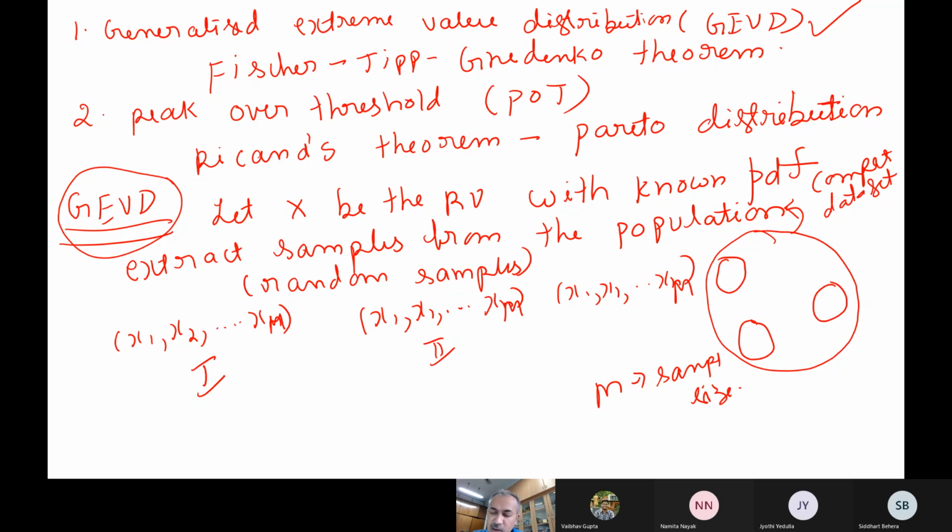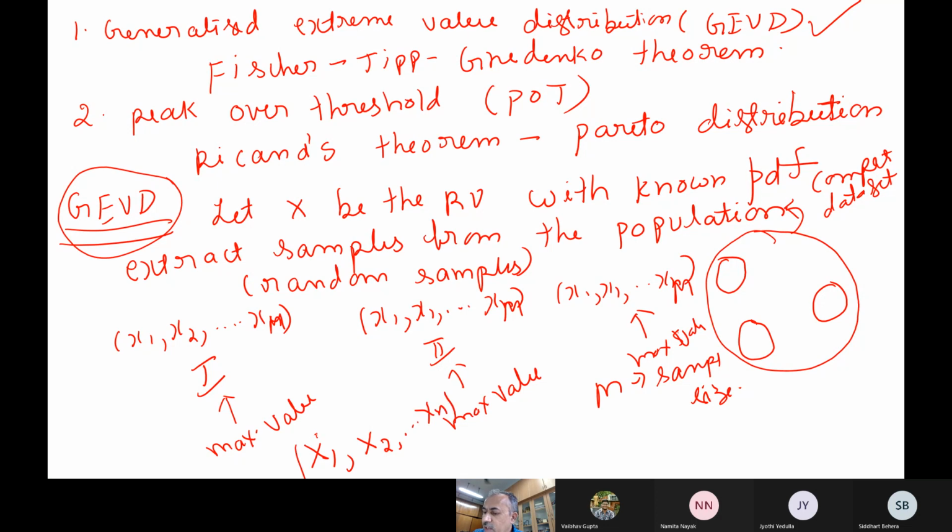Now I will calculate the maximum. You find the maximum value in each sample. You just pick up the maximum value in these 500 numbers. Let us denote these maximum values as x1, x2, up to xn.